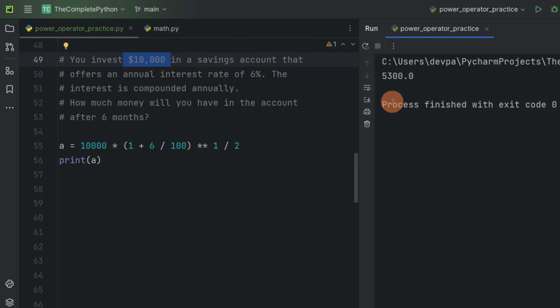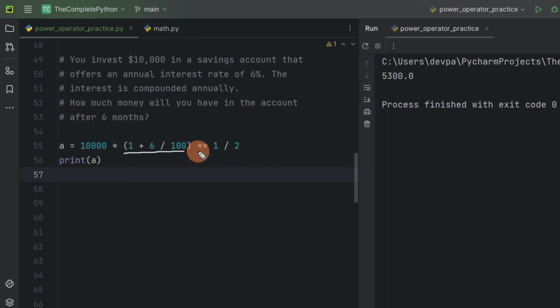Let's understand why it is displaying the incorrect value. Here we are performing various operations. We are performing assignment operation, we are performing multiplication, addition, divisions, we have parentheses, and we have power operator. Now when Python interpreter executes the line, first it will evaluate the expression that is inside this parenthesis. So first it will be calculated.